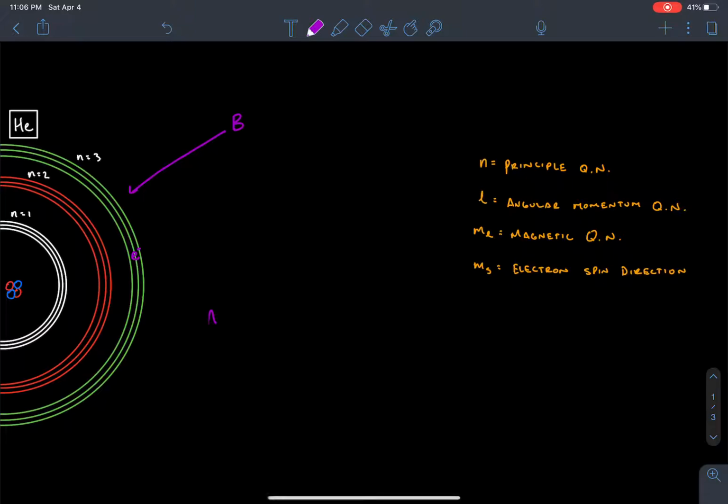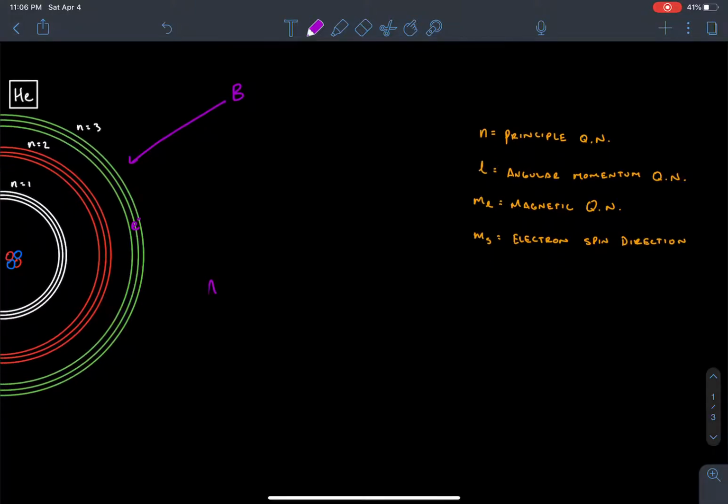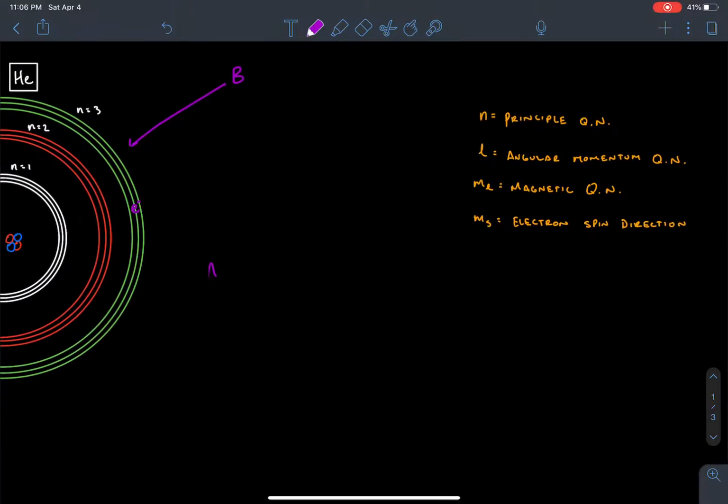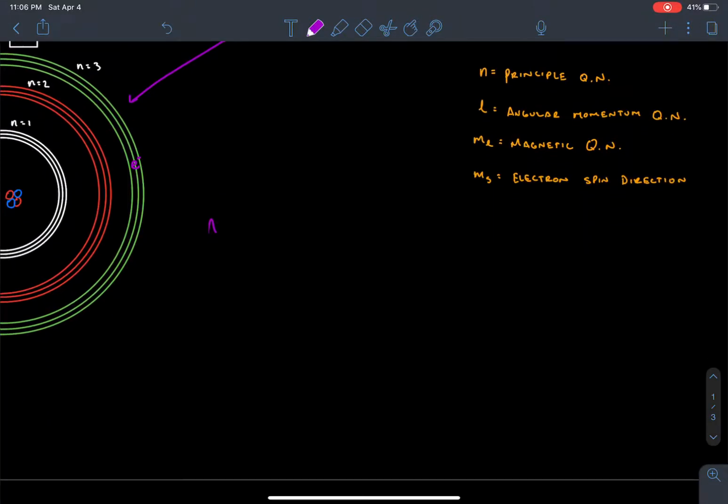But what happens whenever you bring in an external magnetic field is you actually start to manipulate that a little bit. And so whenever you start to change the influence or the behavior of an electron, then you actually change where it could possibly be located. And we map that or define that as like a sub quantum level.